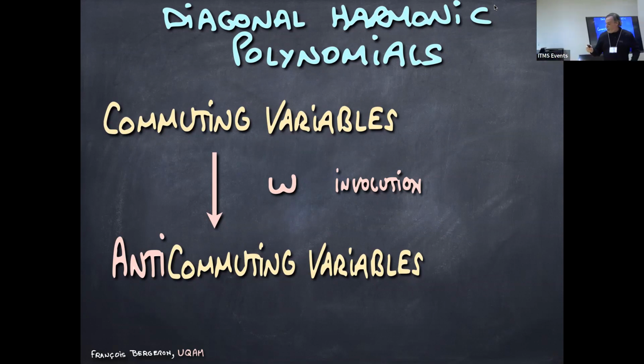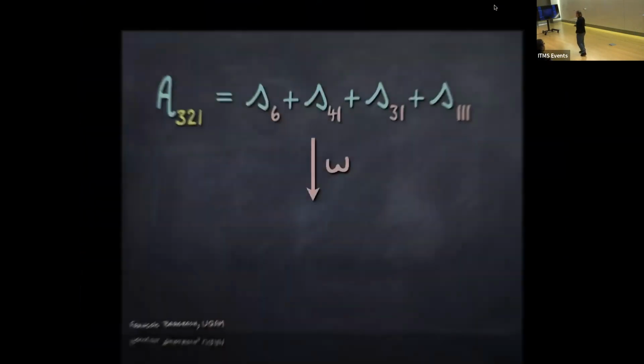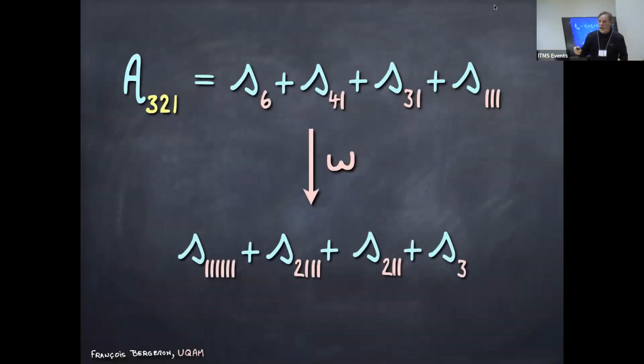Now, for physicists, the commuting variable story is the bosons, and anti-commuting is fermions. And what we get here is that we're able to go from bosons to fermions in the combinatorial world, thanks to this extra term that I was mentioning. Let me show you what this is.